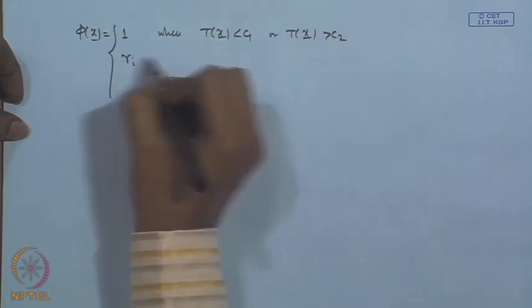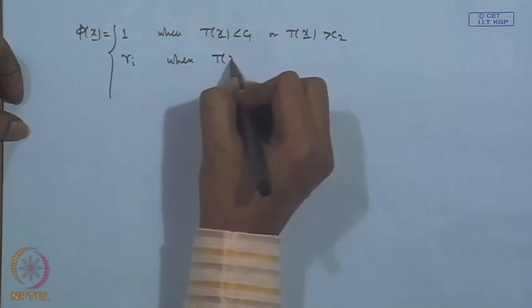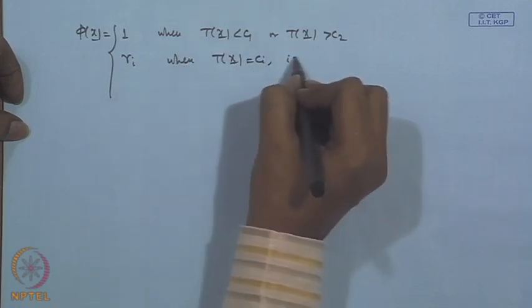It is equal to gamma i when t x is equal to c i, i is equal to 1, 2.